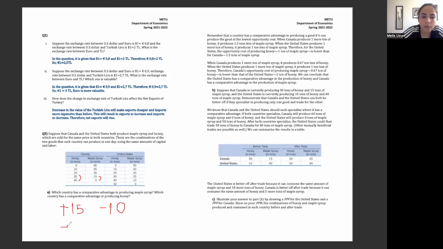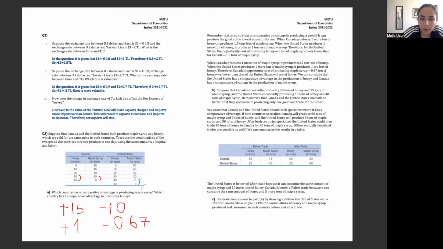So for one more unit of maple syrup, it needs to give up 0.67 units of honey. Let's look at the United States.